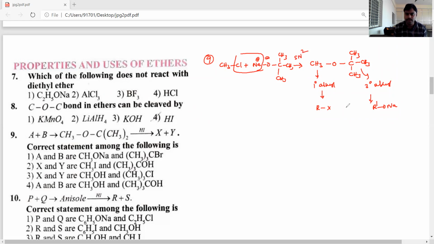Now this ether is cleaved by treatment with HI.